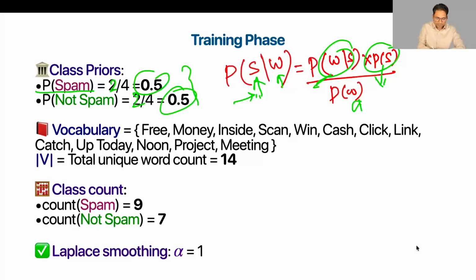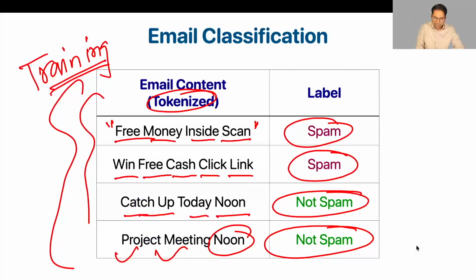What is the vocabulary? All the total words that we have. We have free money inside scan, and then free money. You see that free appears 2 times here, and noon also appears 2 times here, so these will be reduced.